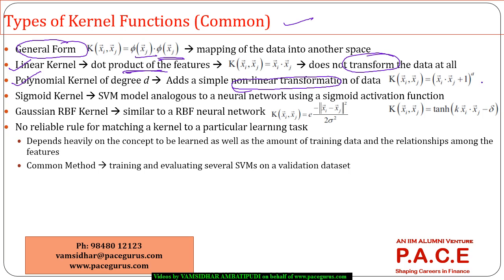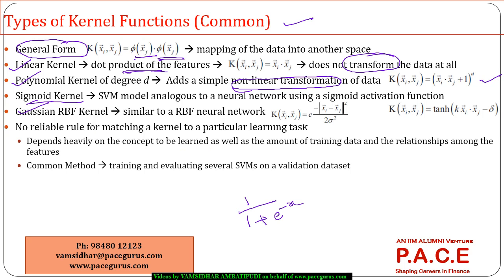So I can apply a polynomial kernel where the inputs get transformed in this particular manner, or I can have a sigmoid kernel more or less similar to that of a neural network. In sigmoid we talked about 1 by 1 plus e to the power of minus x. So that's a similar kind of kernel function that can be applied, where I am transforming the input into a different form, so the non-linearity can very well be transformed into linear.